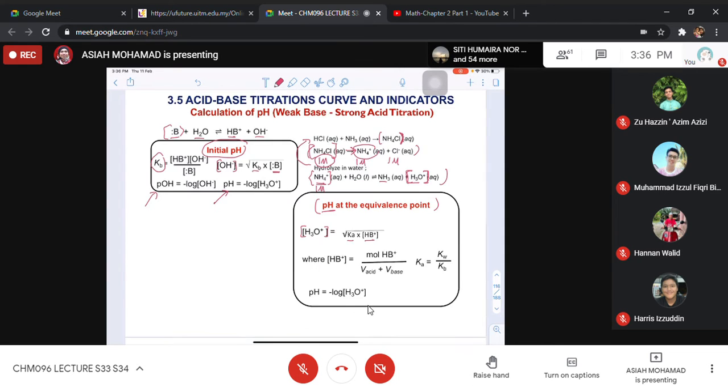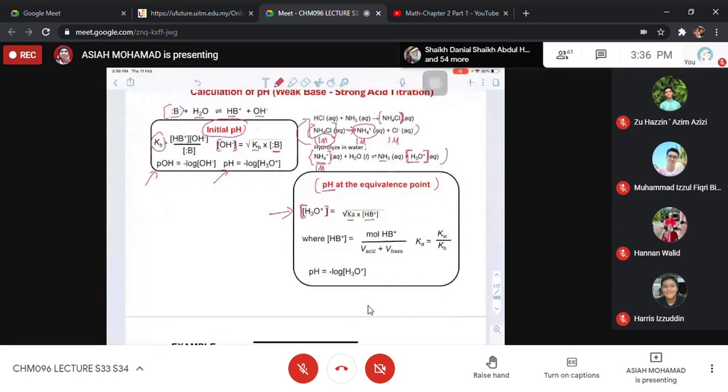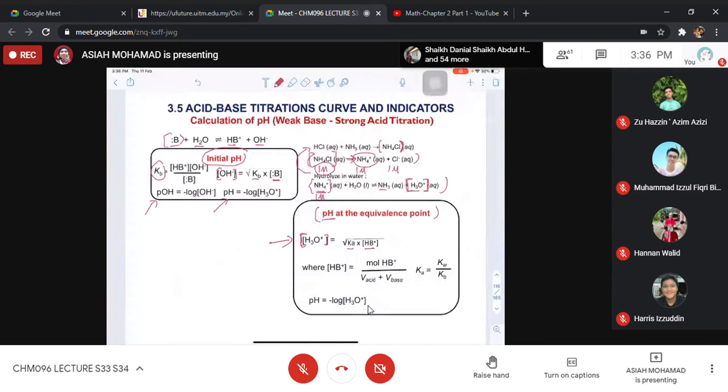After you get the molarity of salt, you get here 1 molar, and then here 1 molar, produce 1 molar, 1 molar. This will be used in this equation. The concentration of H3O plus is equal to square root of C times Ka, this C that we want.